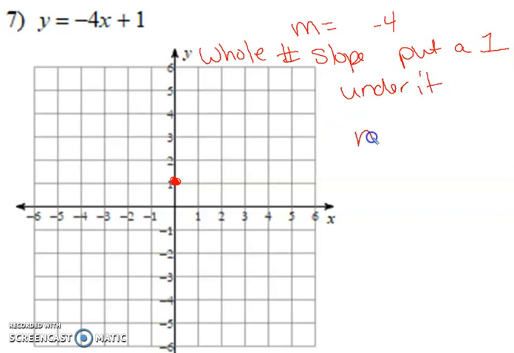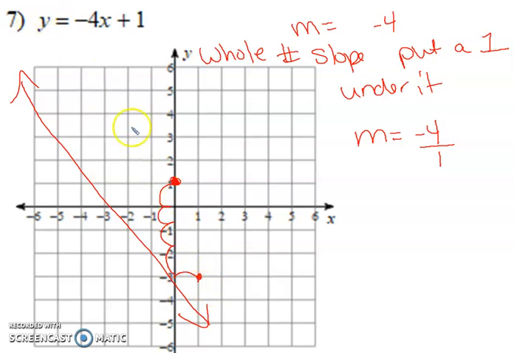Okay, so this would be m equals -4 over 1. Negative means it's going like that some point, right? Somewhere down. So if I need to go down 4 and then over 1, right? Rise 1, 2, 3, 4 over 1.